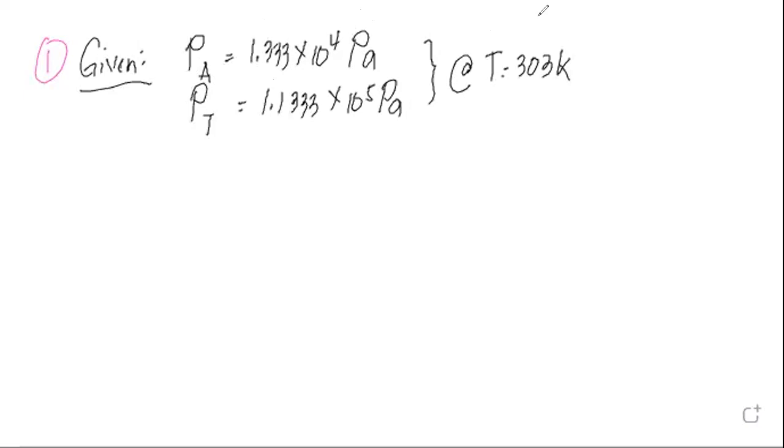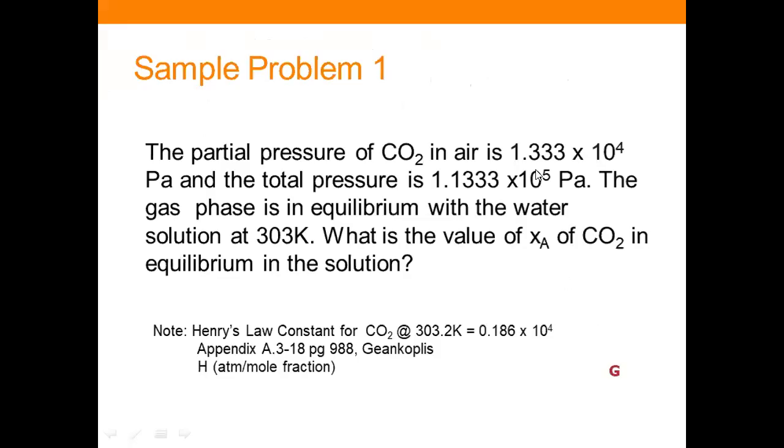These are the only pieces of information stated in the problem: the partial pressure of CO2 and the total pressure of the system. It's stated that your gas phase is in equilibrium with the liquid phase at 303. So you are to find the value of XA.